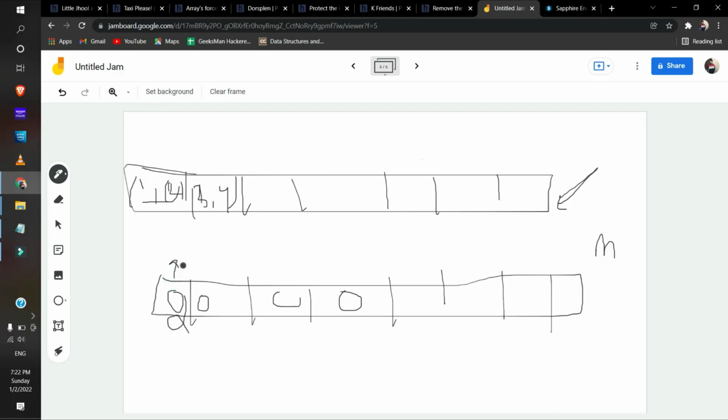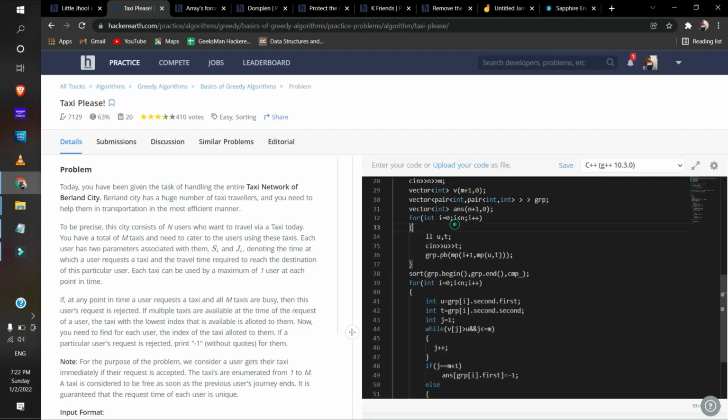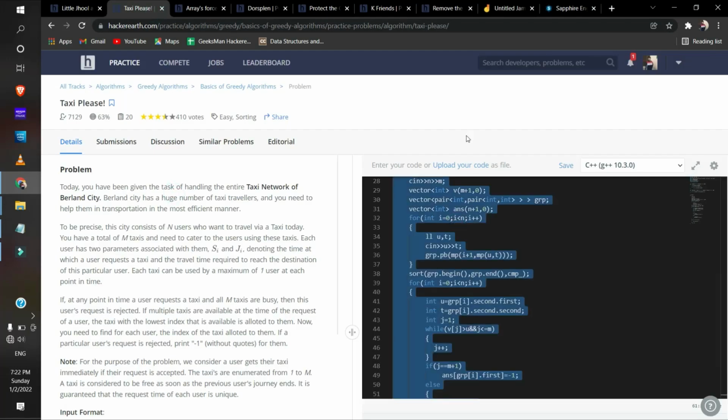We'll give the first taxi to him if it is free, and if it is not free, then we'll give the second taxi to him. And if all of them are filled and this is less than all of them, we'll output -1. We have done the same question with rooms.